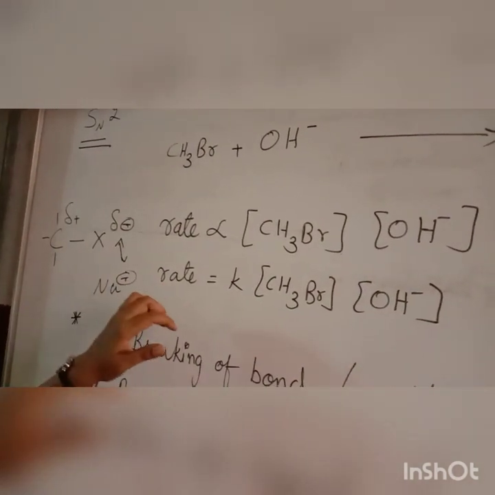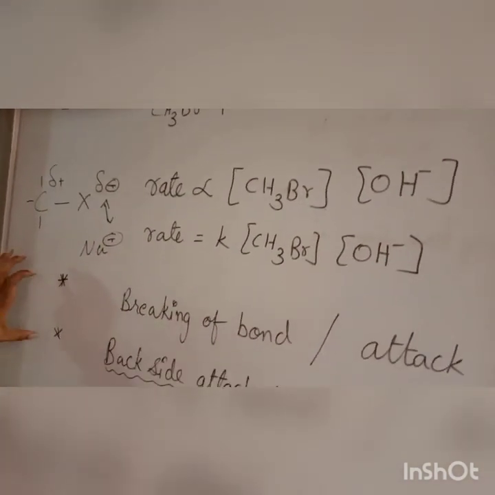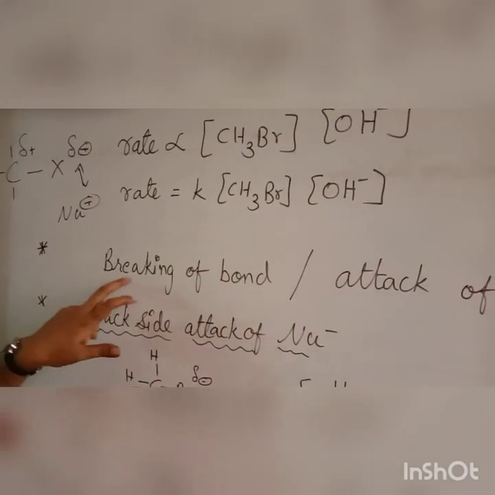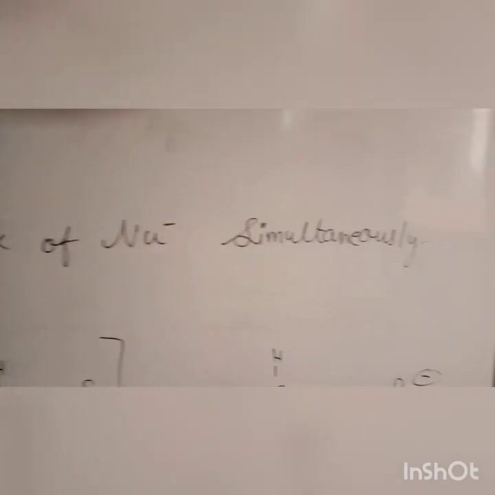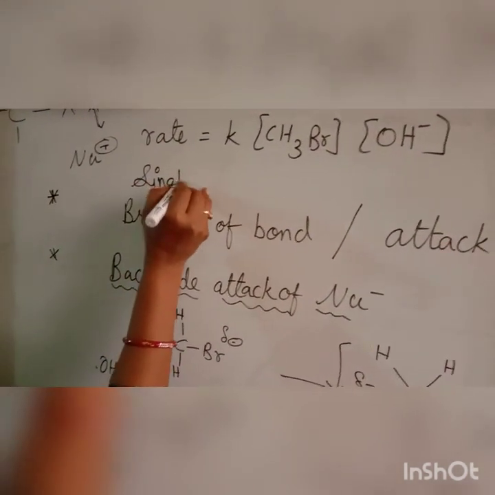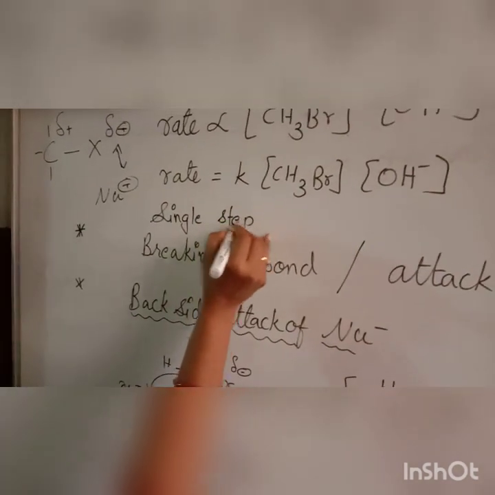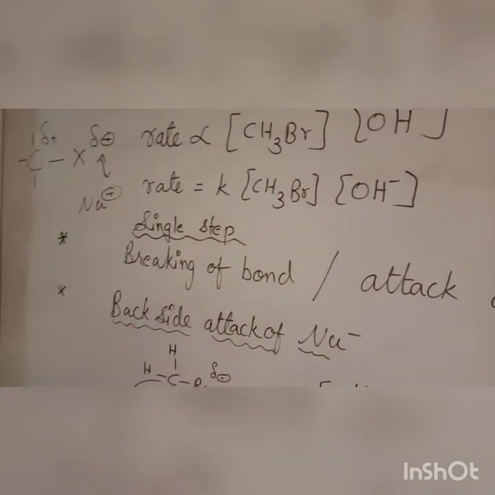Therefore, it is called a bimolecular reaction. The two important points are that the breaking of the bond and the attack of the nucleophile take place simultaneously. Therefore, it is a single step reaction.